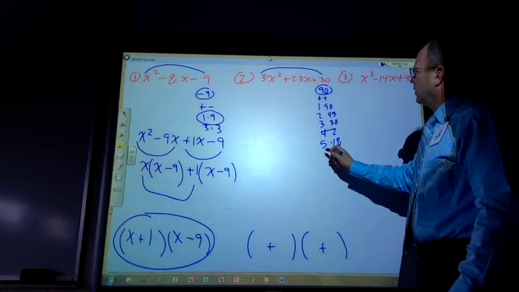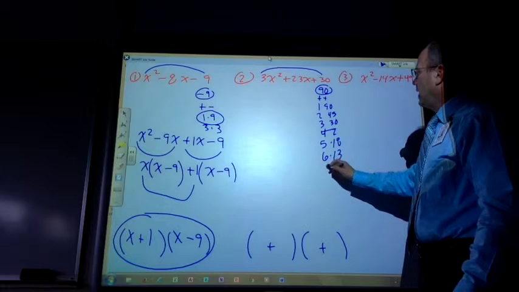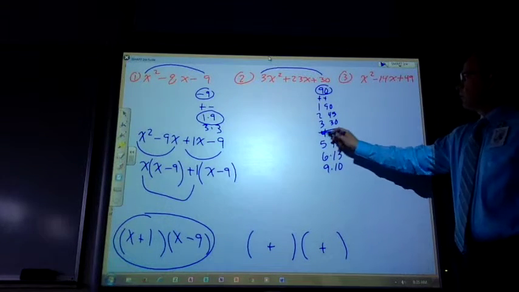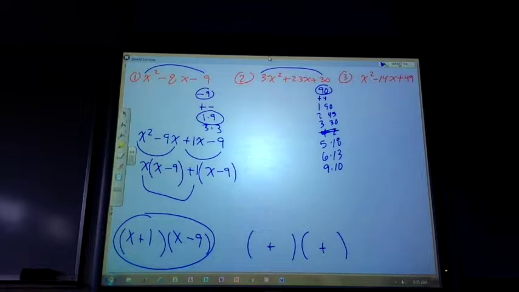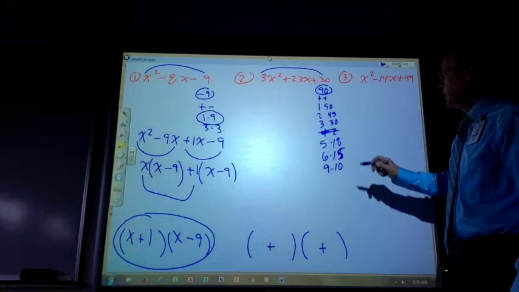Does 6 work? 6 and 15. 7, 8, 9. 9 and 10. I think that's all the factors. Sorry about that.